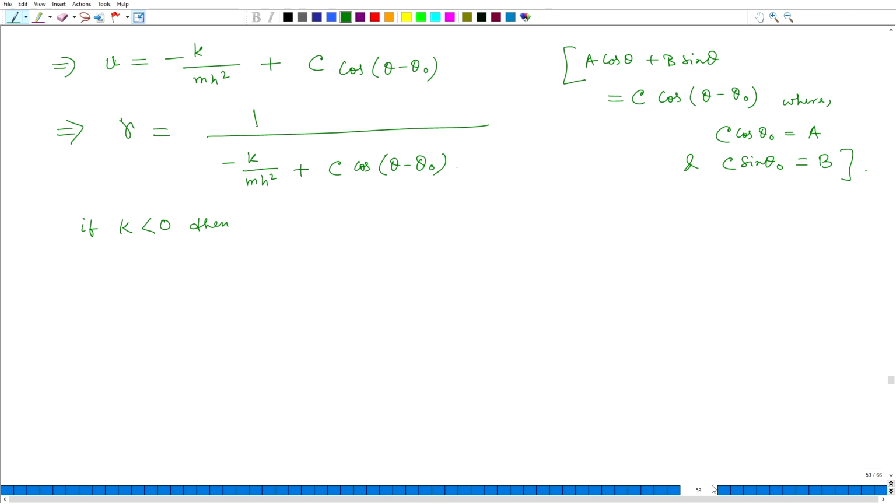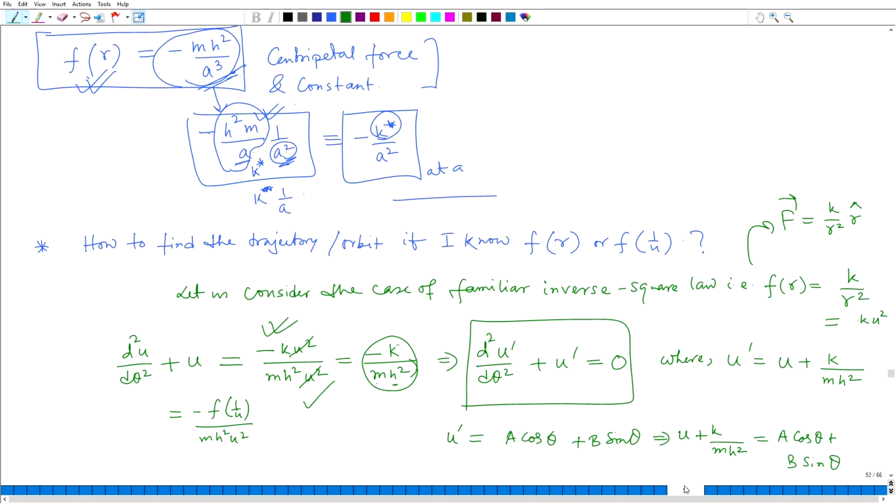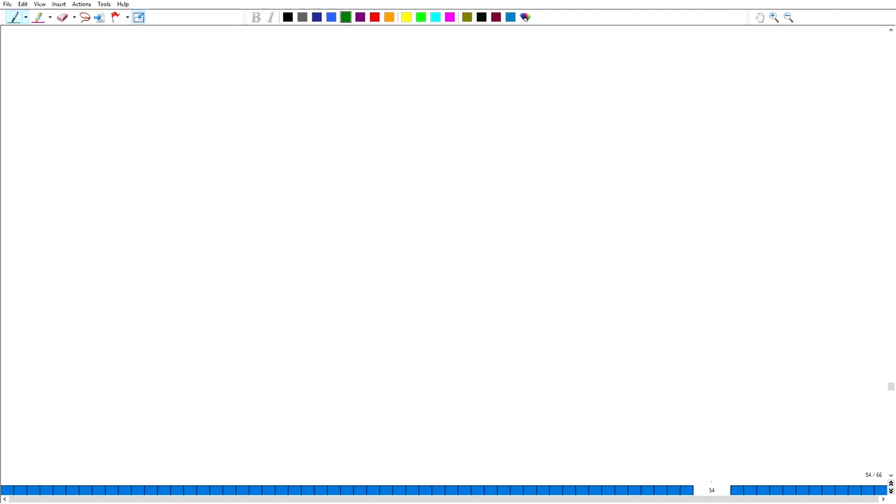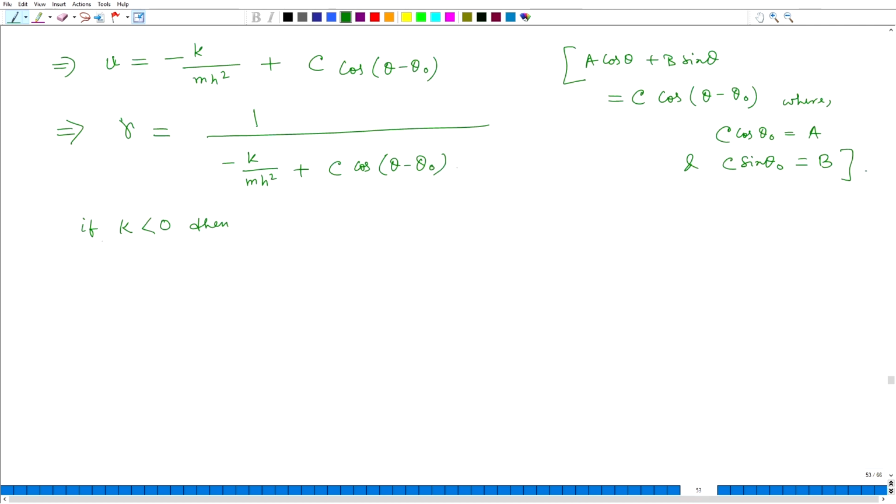Now, this equation is attractive when k is less than 0. So, if k is less than 0, then f is attractive. And then I know that minus k by m h square is also greater than 0.